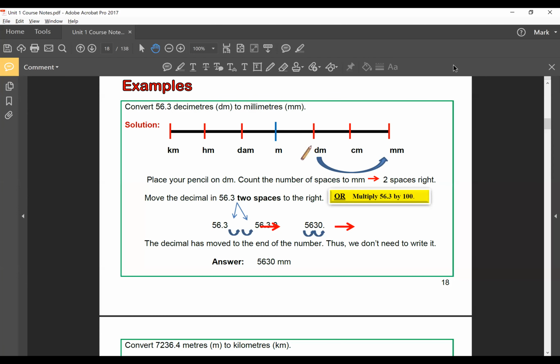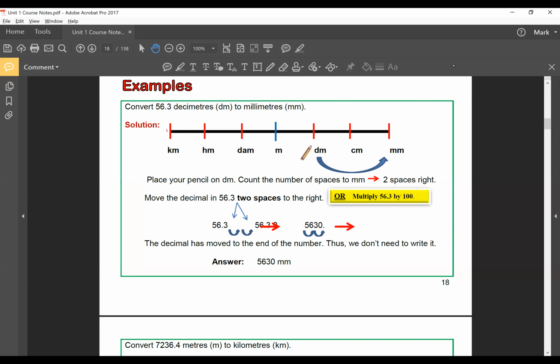All right, so, I said we wouldn't really focus too much on decimeters, but this is good practice because the method is the same regardless of how I'm doing the conversion. It says convert 56.3 decimeters to millimeters. So what you need to do is place your pencil on the unit you're dealing with.